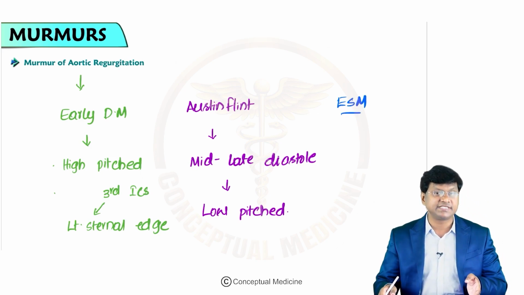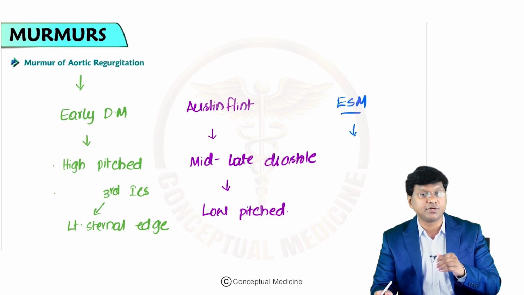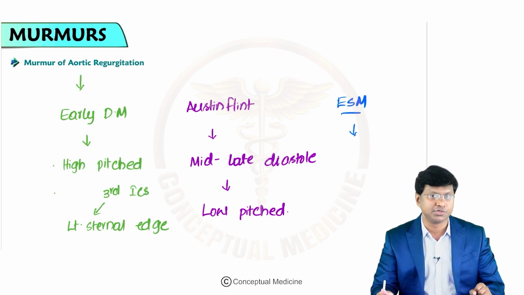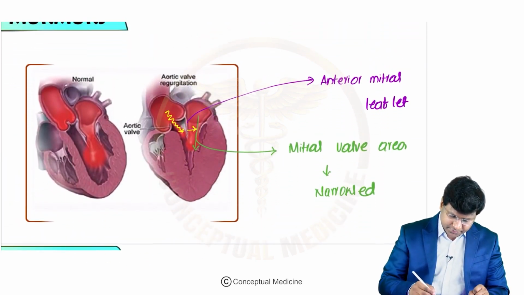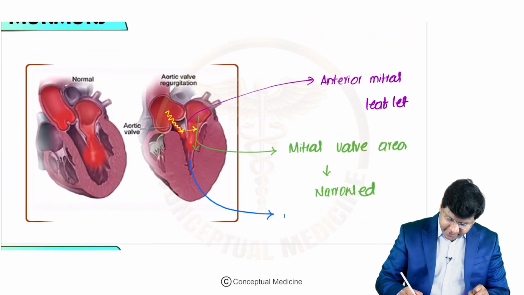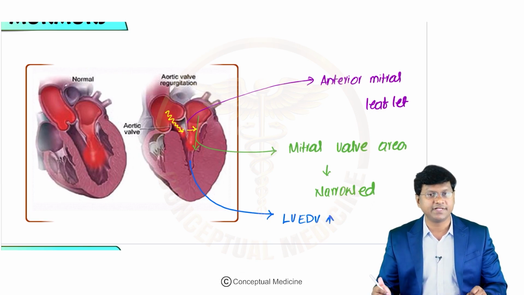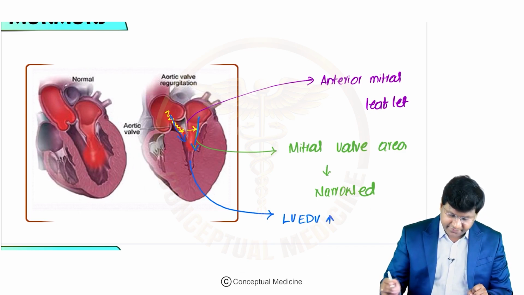So why do you have this ejection systolic murmur in aortic regurgitation? See, the ejection systolic murmur is a characteristic murmur of aortic stenosis, but you will have an additional functional murmur in aortic regurgitation also. Why? Because in aortic regurgitation, the left ventricular end diastolic volume increases. Why? Because during diastole of the left ventricle, you will get the blood from the left atrium and you will get the blood from even the aorta also.